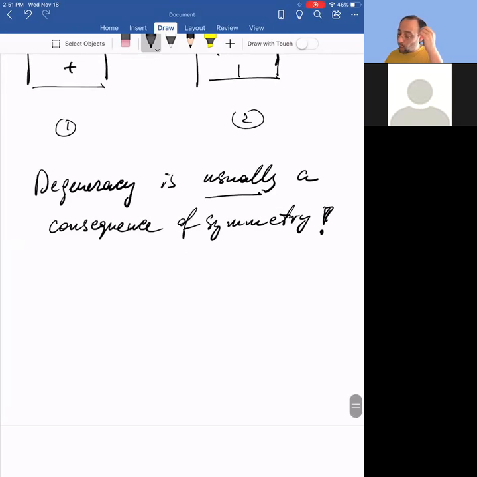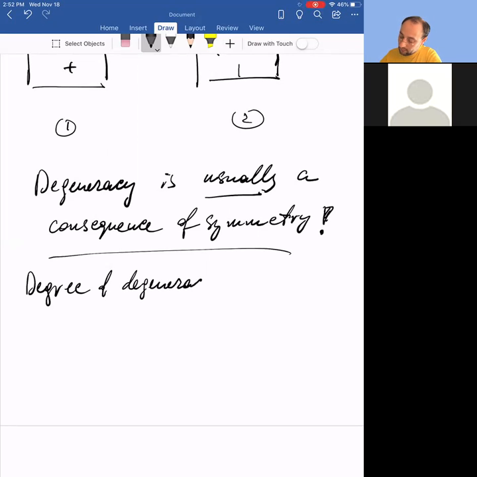You can ask, what is the degree of the degeneracy? The degree of degeneracy just refers to how many states have the same energy. For example, in 2 dimensions, if I have the 1, 2 mode, this gives me 1 squared plus 2 squared, which is 5 times the constants.